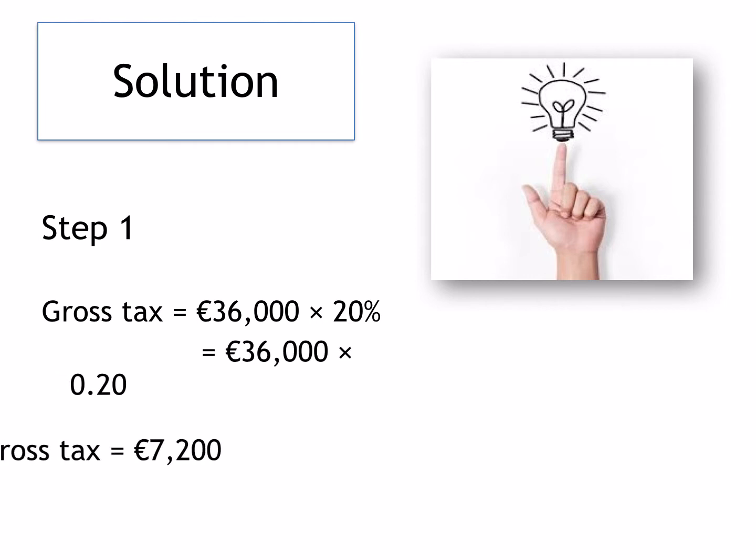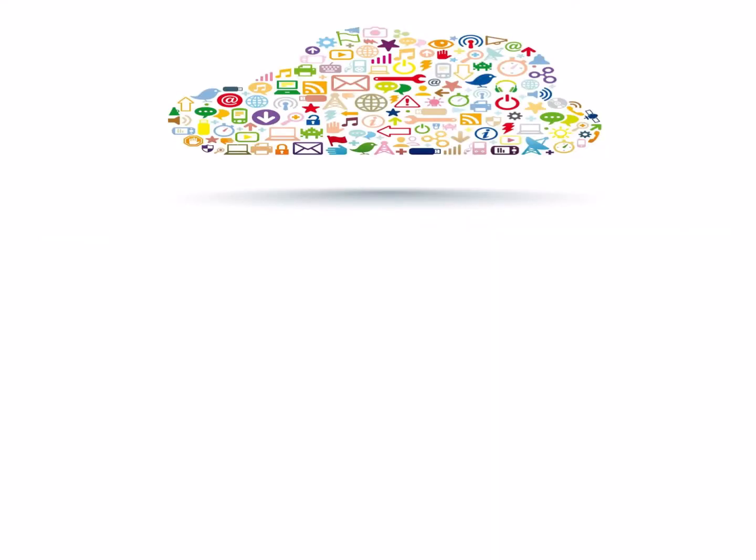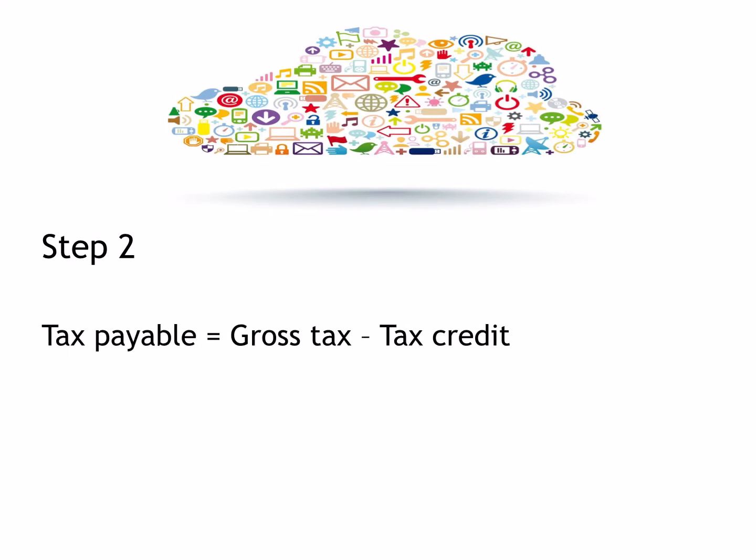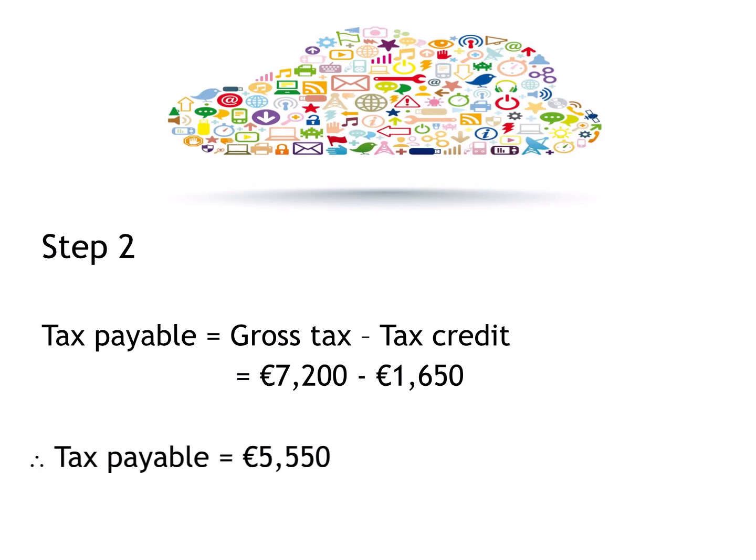This works out at €7,200. Step 2. We must now calculate her tax payable, which is gross tax minus tax credit. So €7,200 minus €1,650 gives us tax payable of €5,550.